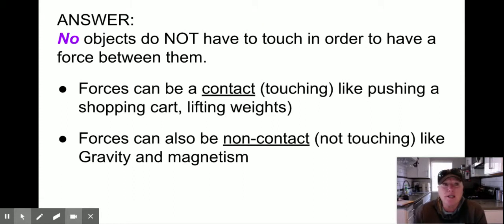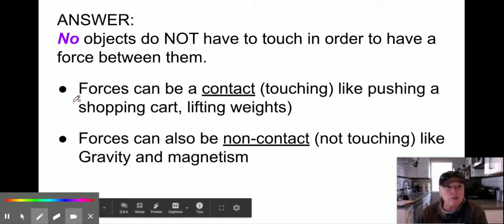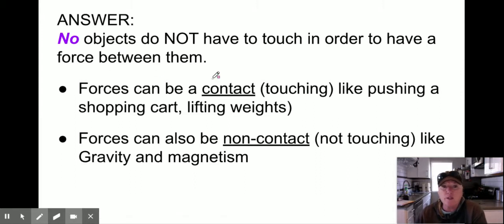So the answer is no, objects do not have to touch in order to have a force between them. We're going to learn there are two types of forces. Forces can be contact, where they're actually touching, like pushing a cart, lifting weights, anything that has two or more objects that physically touch.